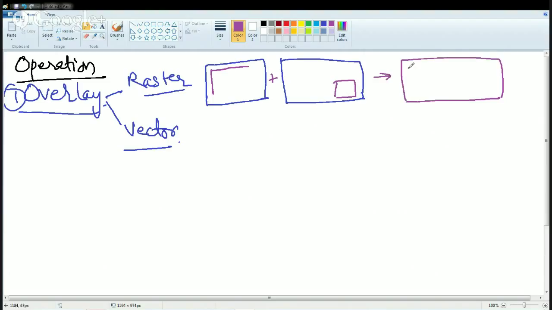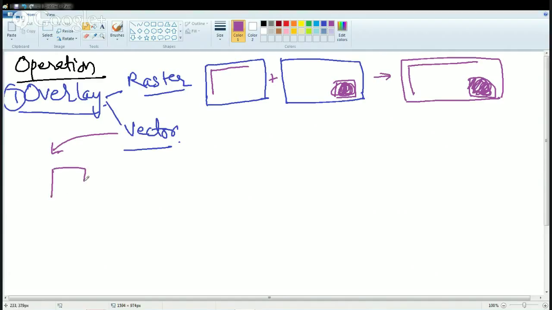The resultant raster would be this plus this. This is what we are trying to understand by raster overlay. We are combining two different maps, and the resultant would be a combination of both the maps. On the other hand, you have vector overlay. For raster, we'll be understanding some of the operations, but before that, let's understand vector overlay.